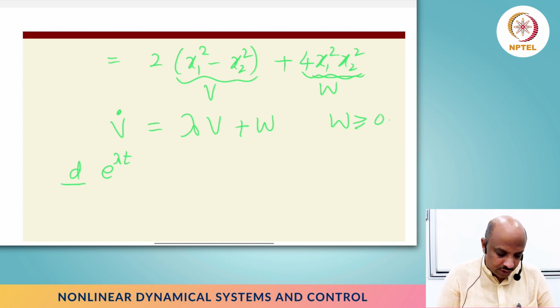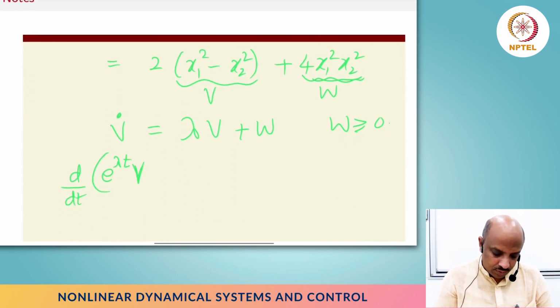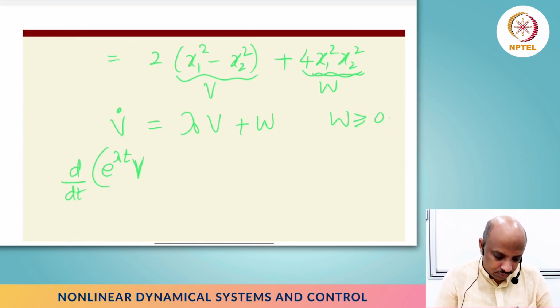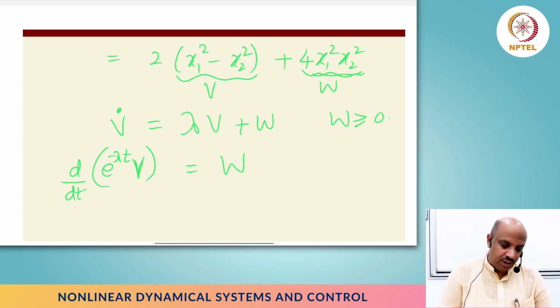Lambda is 2 in this particular case. I can show that the derivative of e power minus lambda t times V is equal to W, right?